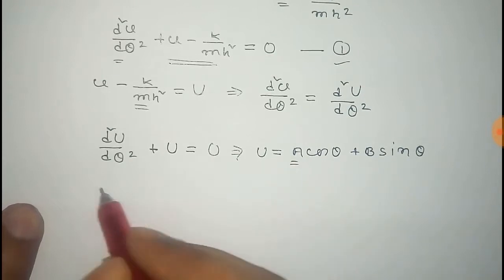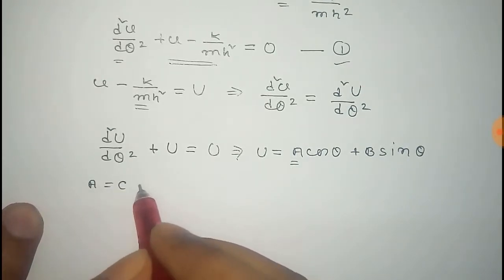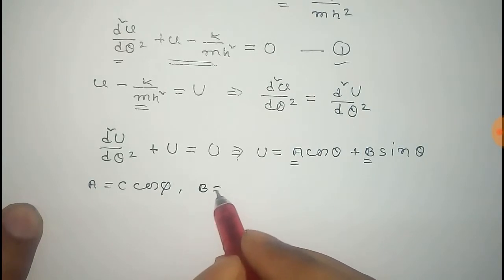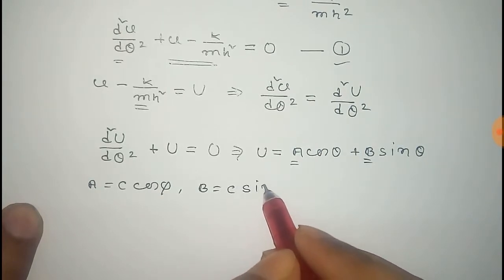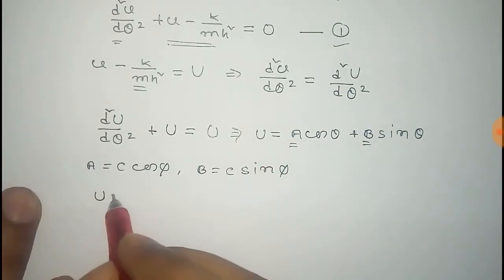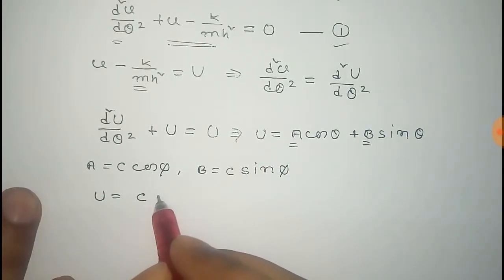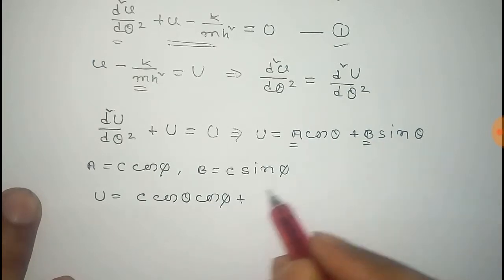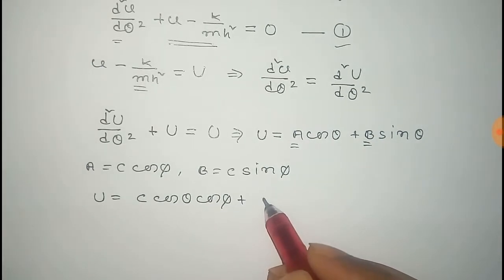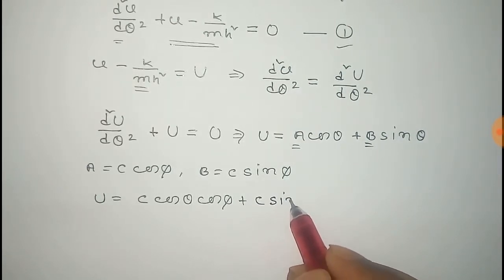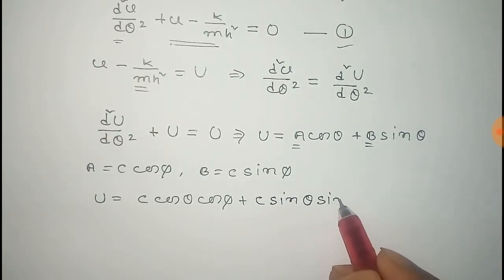Now we consider that the value of a equals c cosine phi, and the value of b equals c sin phi. Now putting the values of a and b, we get c cosine phi cosine theta plus c sin theta sin phi.